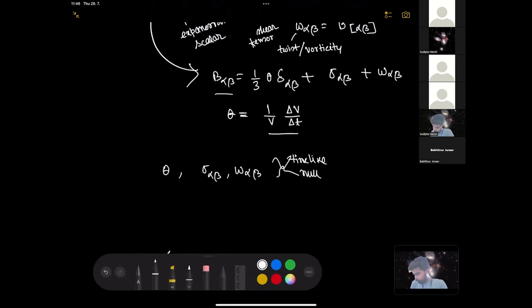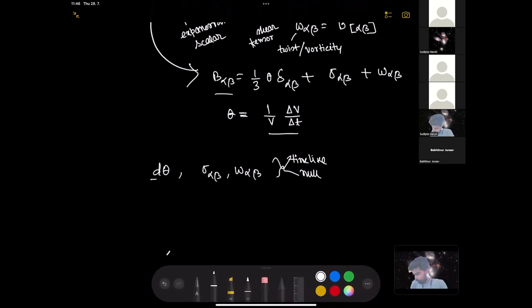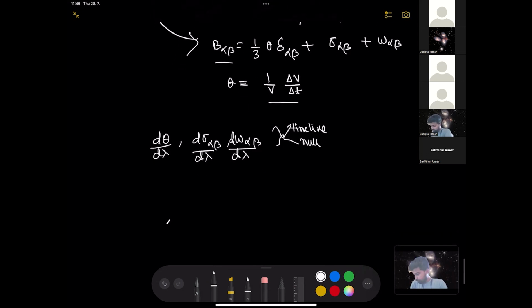In the next lecture we'll derive the time-like case for all these parameters, like the expansion scalar, the shear tensor, and the twist.